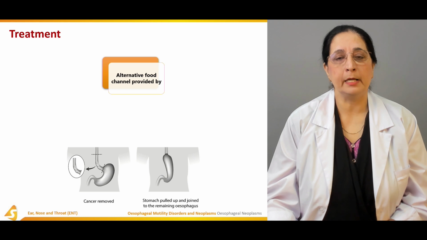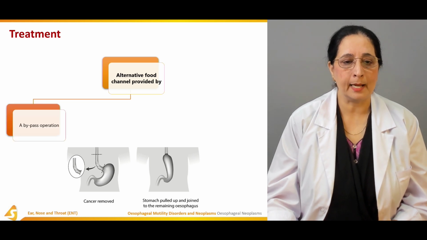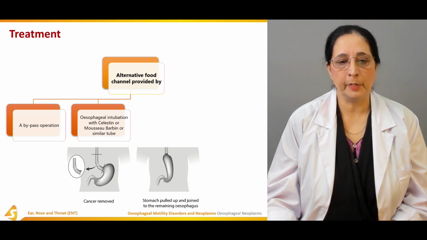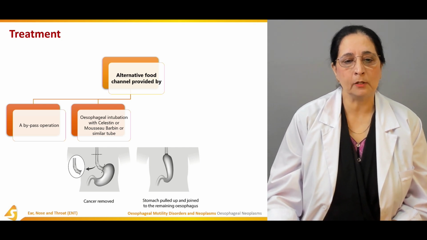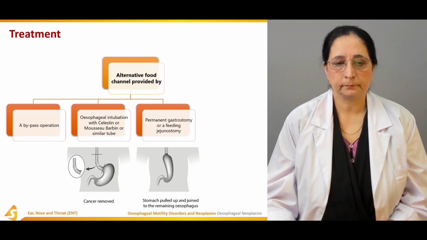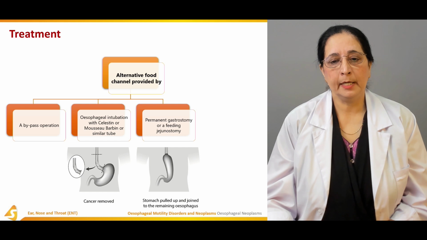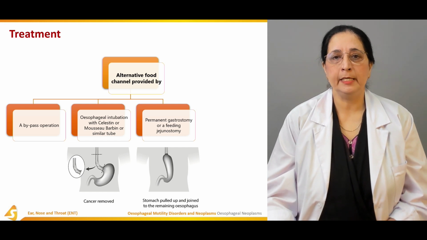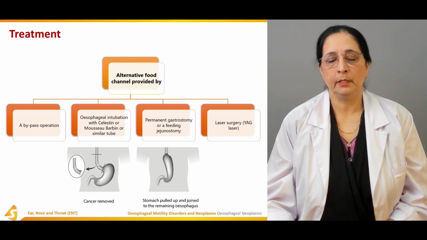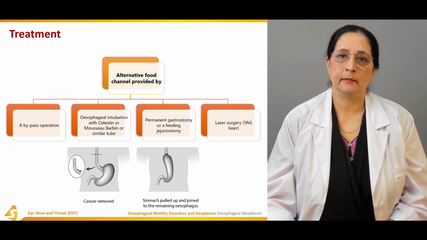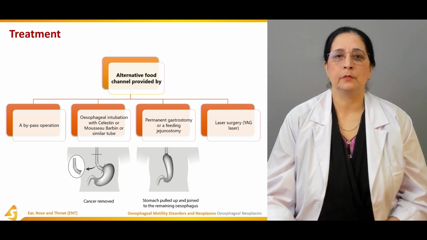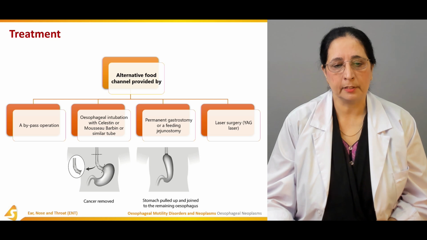An alternative food channel is provided by a bypass operation, esophageal intubation with a Celestin or Mousseau-Barbin or similar tube, permanent gastrostomy or a feeding jejunostomy, or laser surgery, which is YAG laser. So these are all the different treatment options for carcinoma of the esophagus.